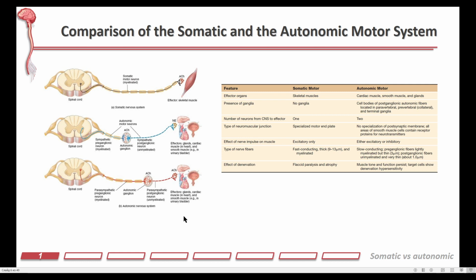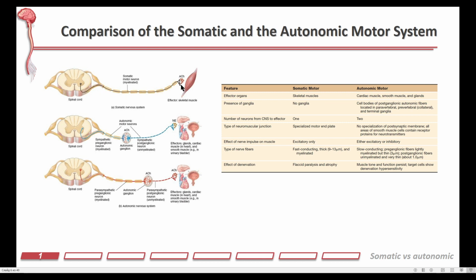And here is the slide once again about the comparison of the autonomic and somatic reflex arc, with the main focus on the efferent part. As you can see, the cell body of the motor neuron for the somatic one is in the anterior horns, while here it's in the lateral horns.